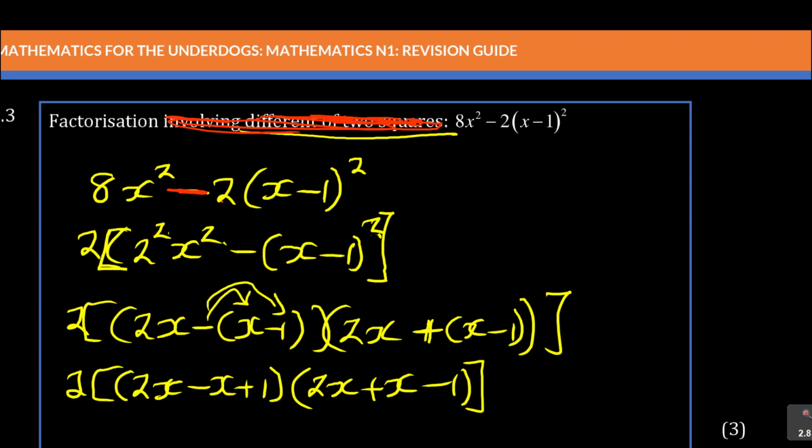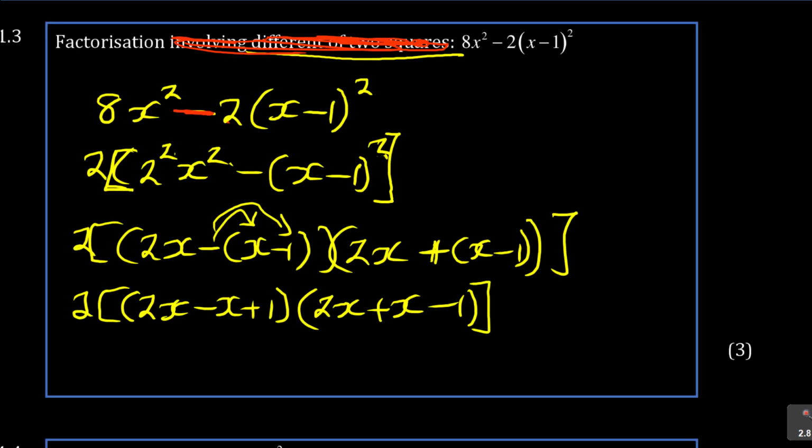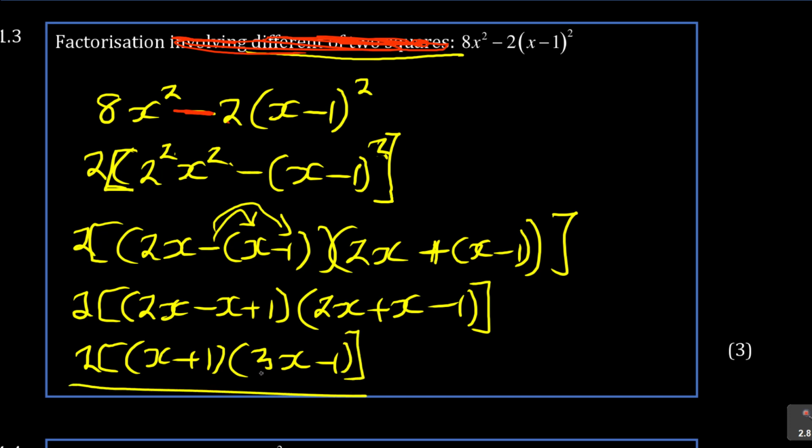Then you close that. Then you simplify this further to say 2, put a bracket. Now what is inside? 2x minus x is x plus 1. And then again 2x plus x is 3x minus 1. Then there we go. We have managed to factorize that.